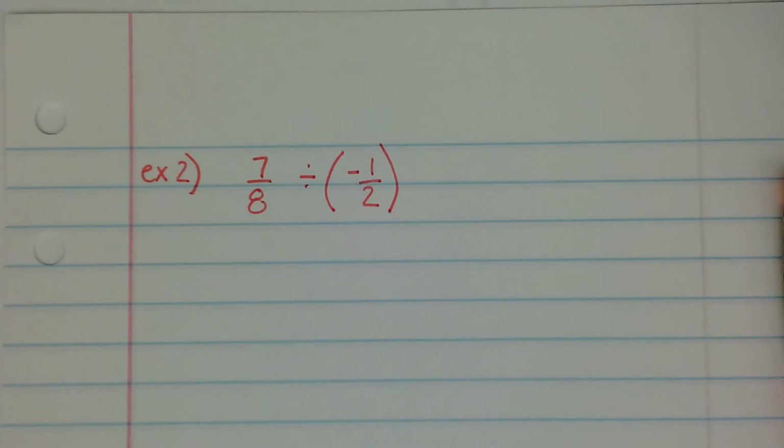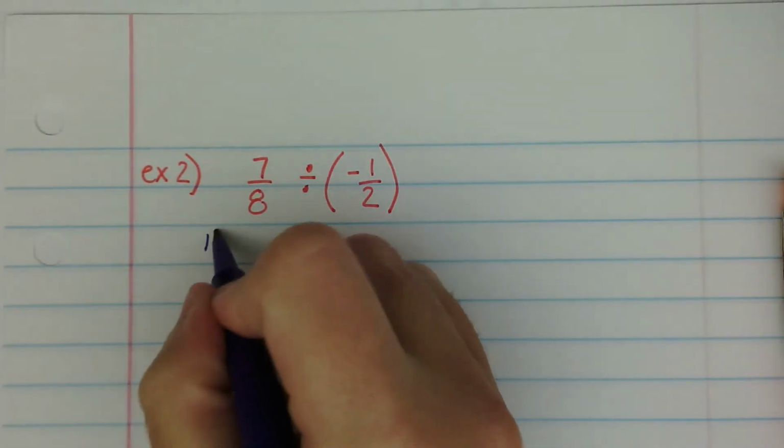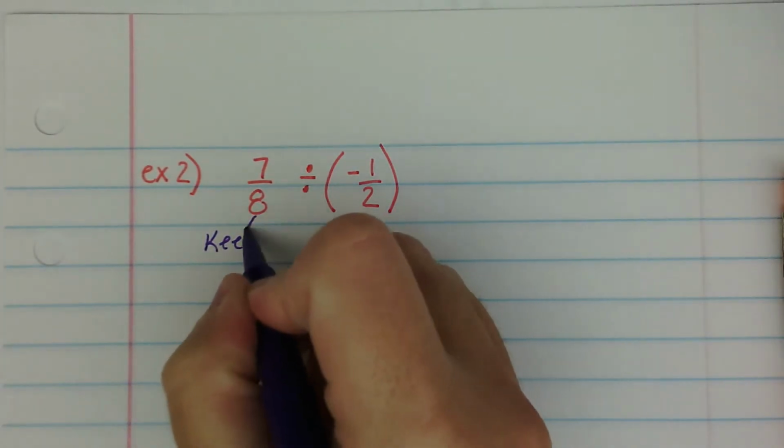Our next example is 7/8 divide symbol, then we have in parentheses a -1/2. So before we do anything, we are going to do keep, change, flip. You have to do that so that you can get this into multiplication mode.